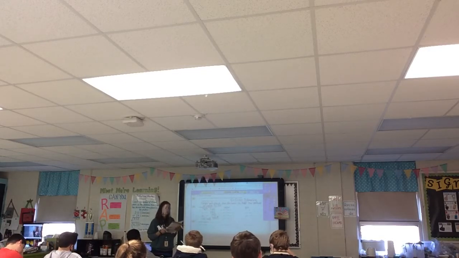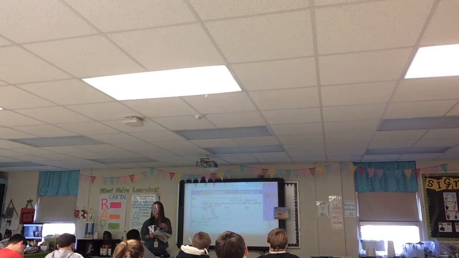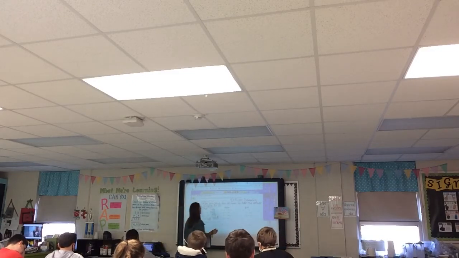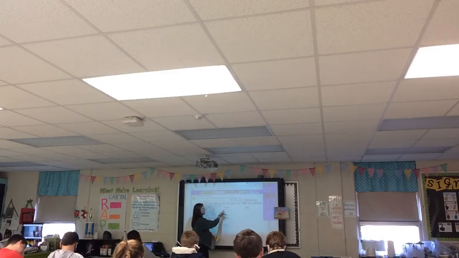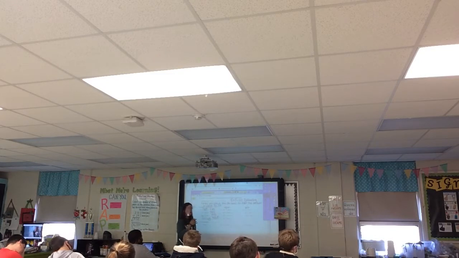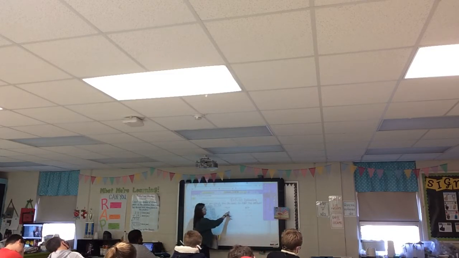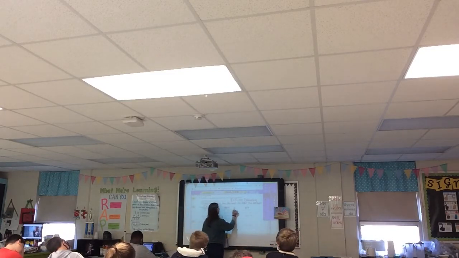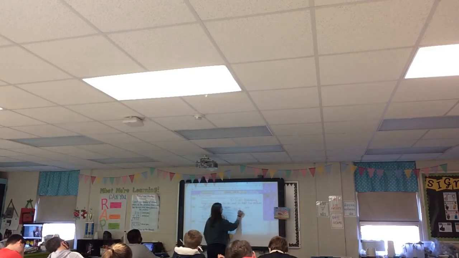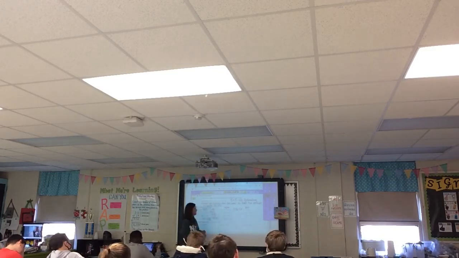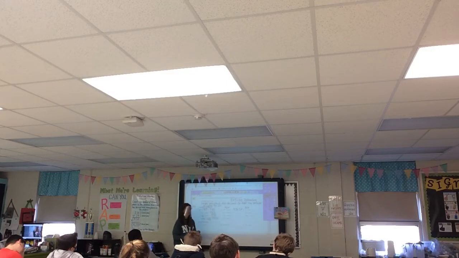All right, same thing on number 3. It's increasing powers of 10. So 10 to the 0 power is like saying 1 times 376 and 2 tenths. So this is just 376.2. And then on these, the exponent tells you how many times to move it.